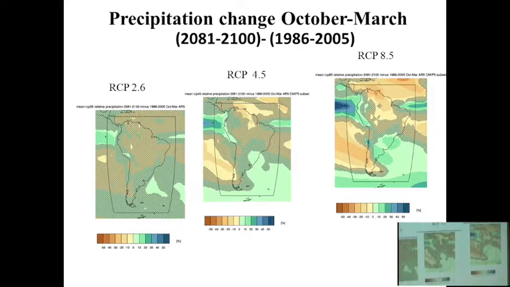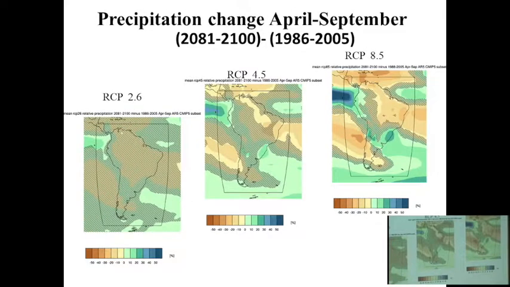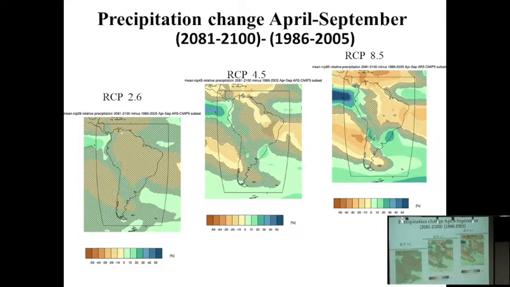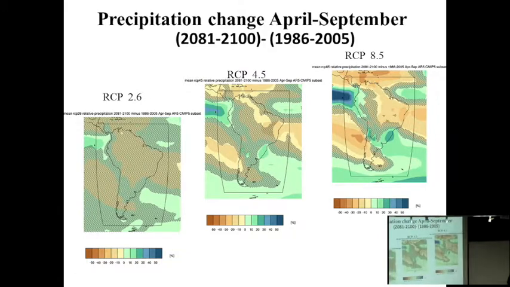So reduction in the north and increase in the south. And this is in October to March, and April to September, this reduction extends to all East Amazon and Northeast region as well.